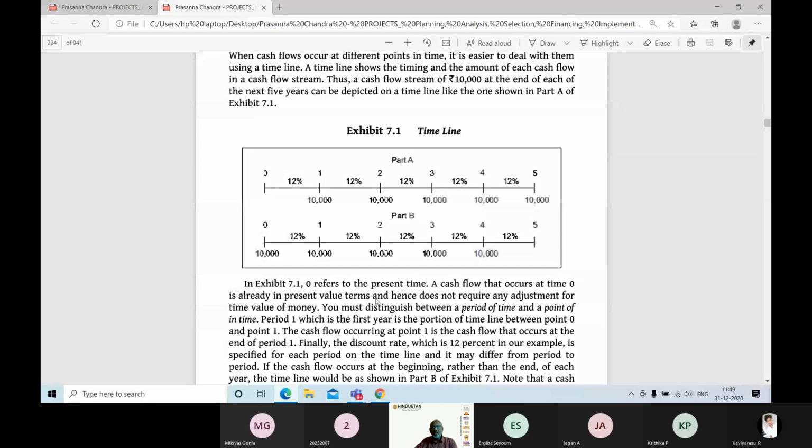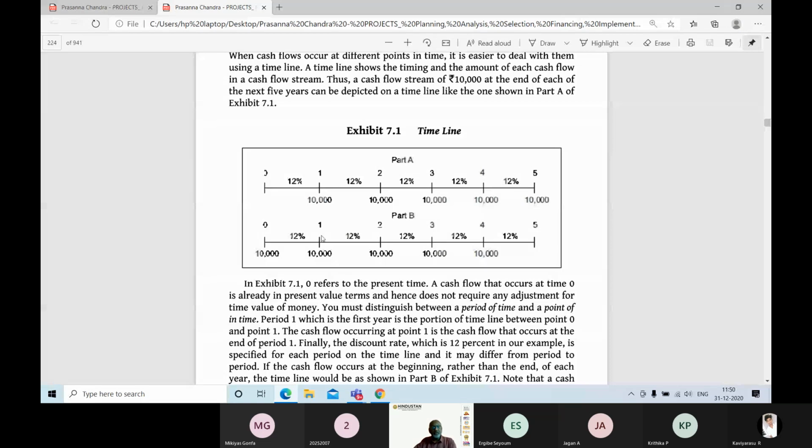So here, the period of time and a point in time: period 1, which is the first year, is the proportion of the timeline between point 0 and point 1, that is the period of time. The cash flow occurring at point 1 is the cash flow that occurs at the end of period 1. Here, the cash flow at point 1 is the cash flow at the end of that particular year.